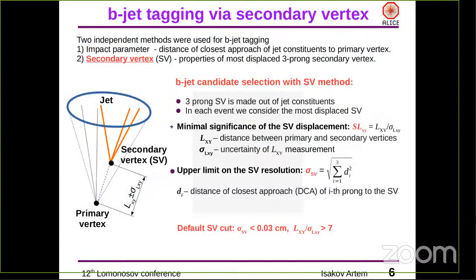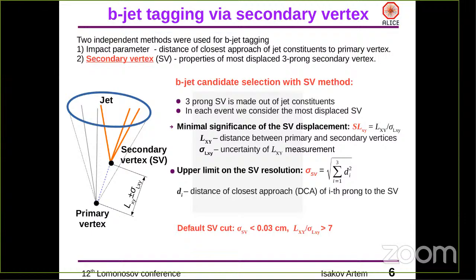The second method is the secondary vertex. In this method, we construct a secondary vertex, or SV, out of three jet constituents and select only the most displaced one. On the next step, we consider discrimination variables. The first one is the minimal significance of the SV displacement. This is simply the distance between the primary and secondary vertices divided by the uncertainty in this measurement.